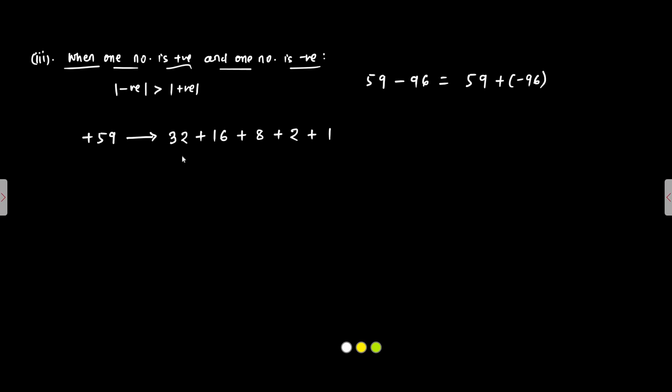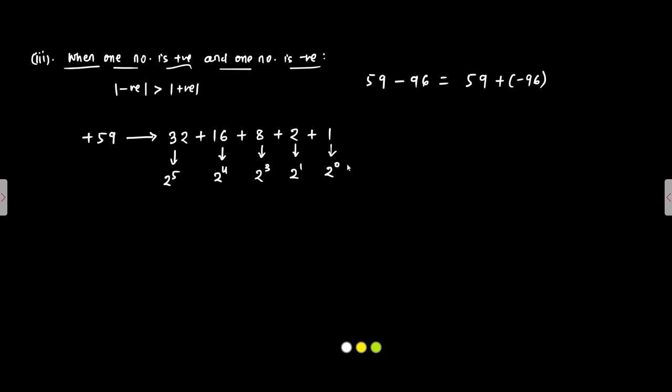So 32 is 2 to the power 5, 16 is 2 to the power 4, 8 is 2 to the power 3, 2 is 2 to the power 1, and 2 to the power 0.